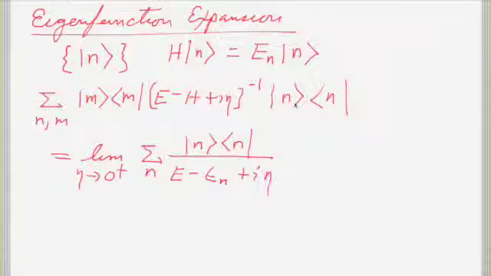So this is what's called the eigenfunction expansion of the retarded Green function.